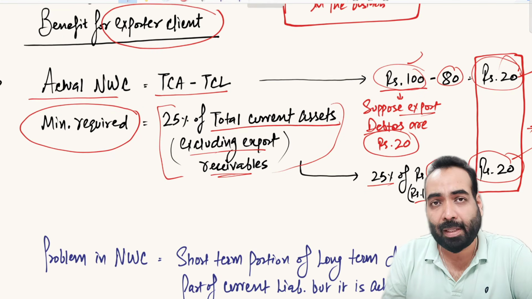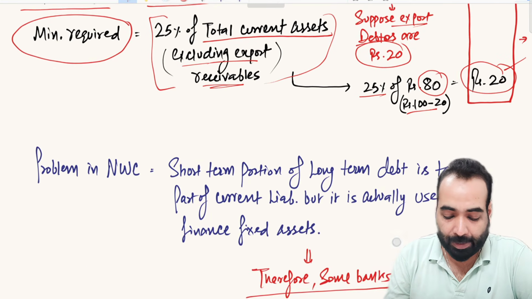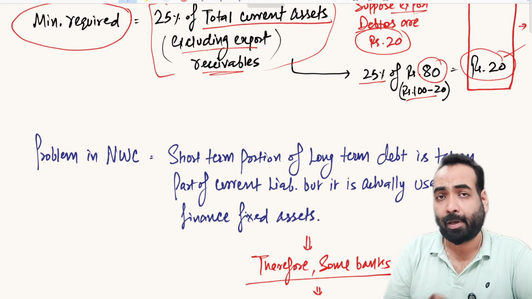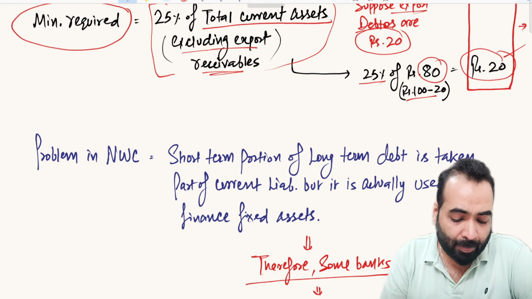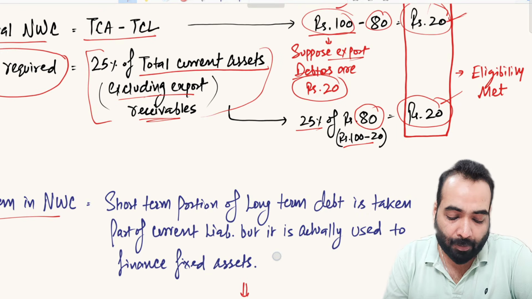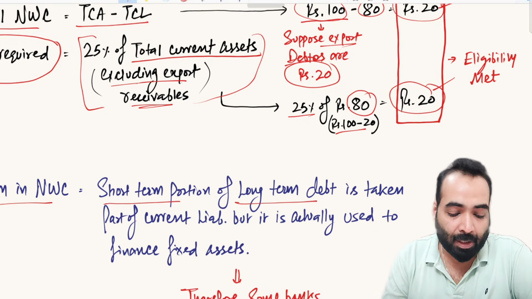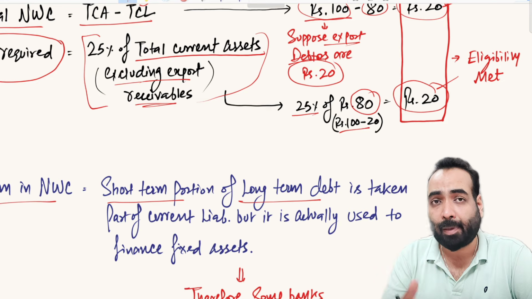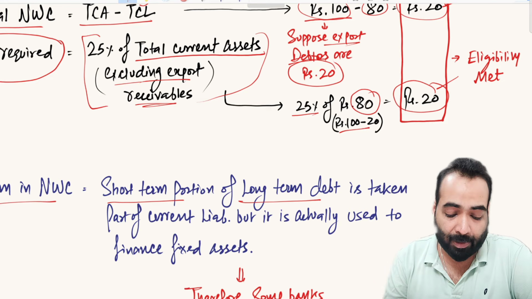There is one problem in the NWC that you need to see here. I have already explained the problems in NWC to you in a separate video before. What is the problem in NWC? The problem is the treatment of the short-term portion of long-term debt. Current liabilities include the short-term portion of long-term debt, the principal amount which is payable in the next 12 months, right?